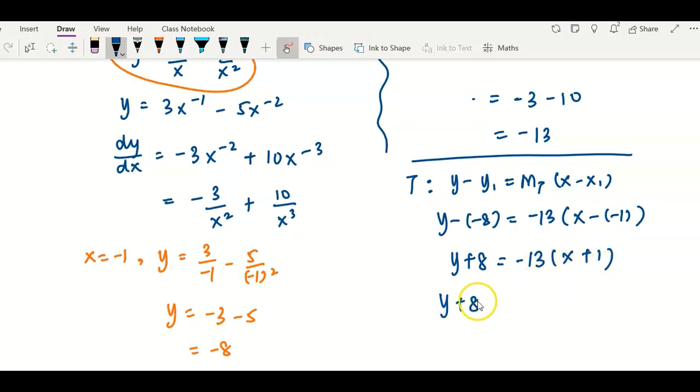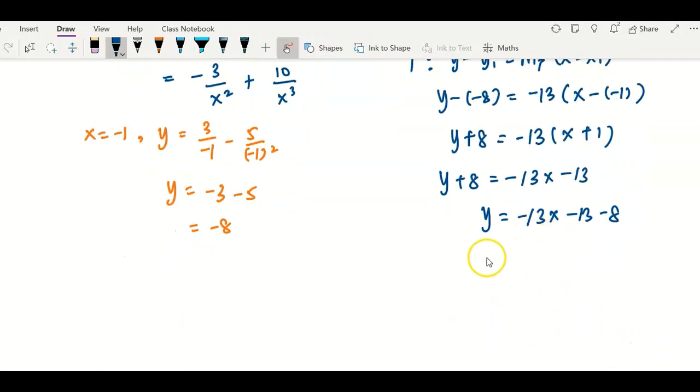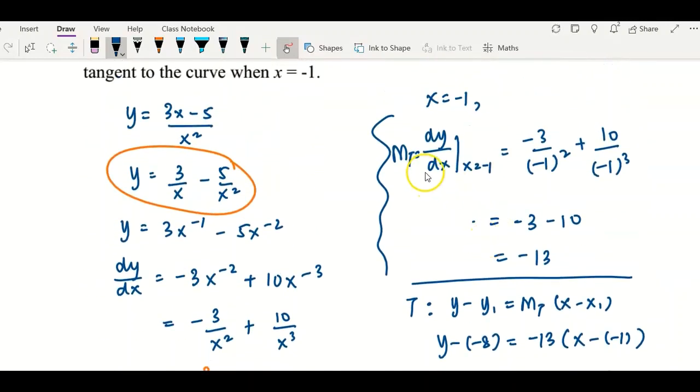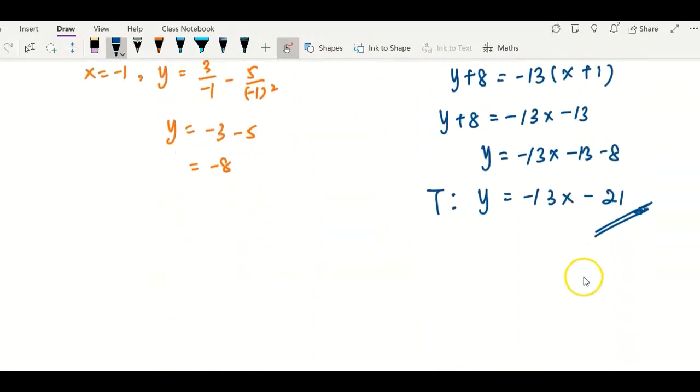Then simplify: negative 13x minus 13 minus 8, that will be negative 21. Okay, so this is the equation of the tangent. And in your solution, you must have two answers. First one is the gradient, that will be negative 13. And the equation of the tangent is y equals negative 13x minus 21.